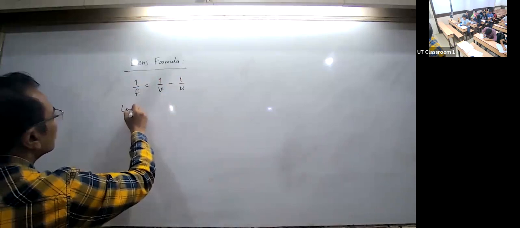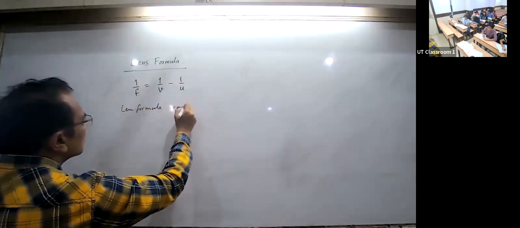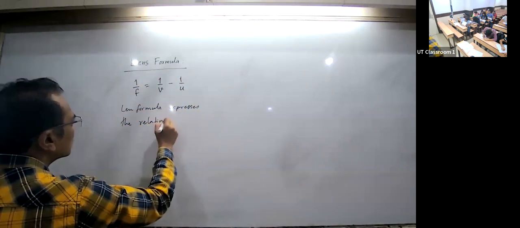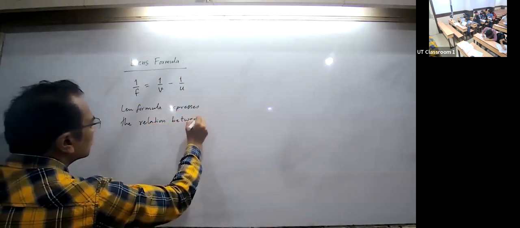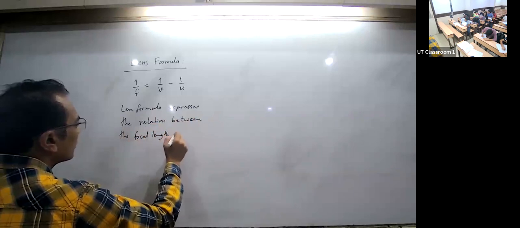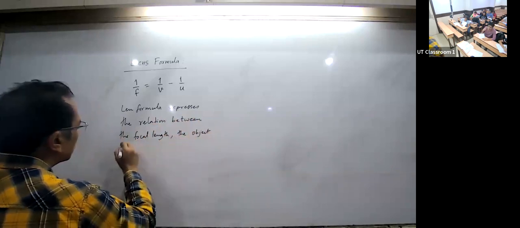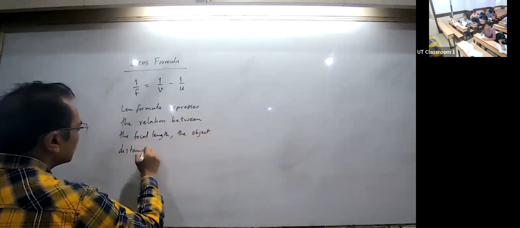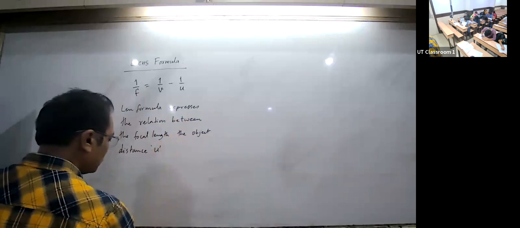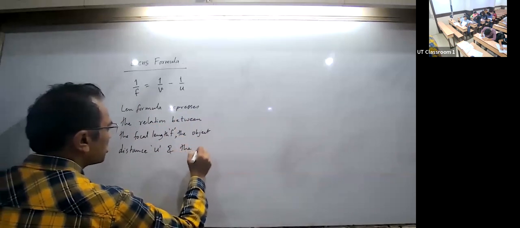So lens formula expresses the relation between the focal length f, the object distance, and the image distance.